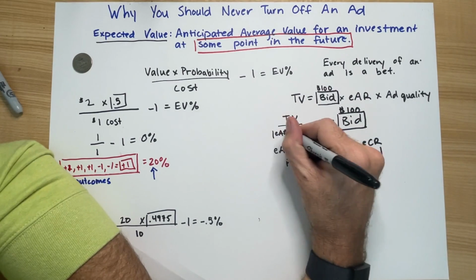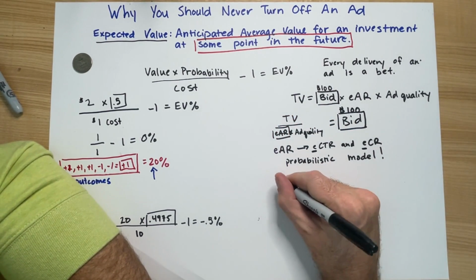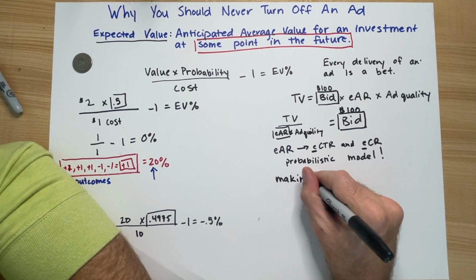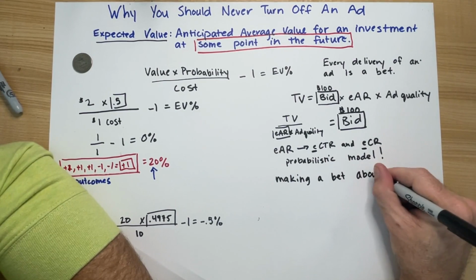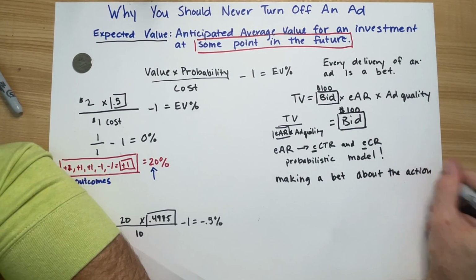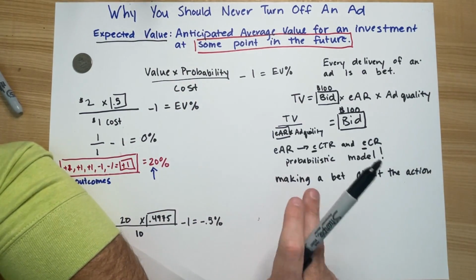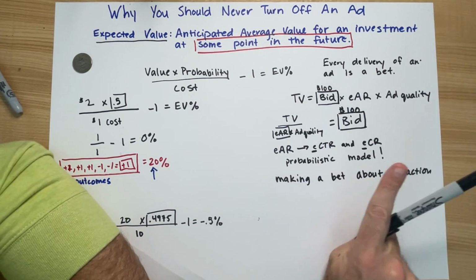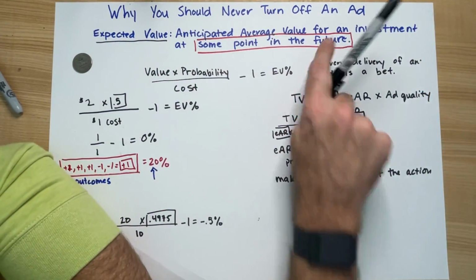They are modeling what they anticipate the user to do. They are making a bet about the action, right? And they're making the bet not just on the individual delivery of each individual ad, it is an anticipated average value on that bet at some point in the future.